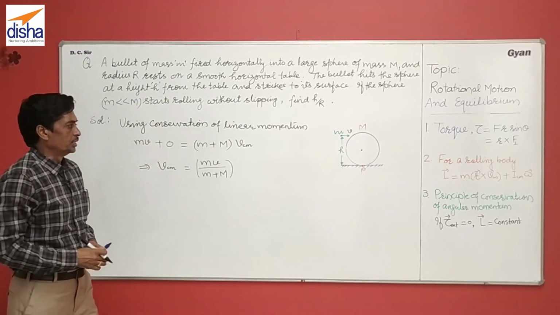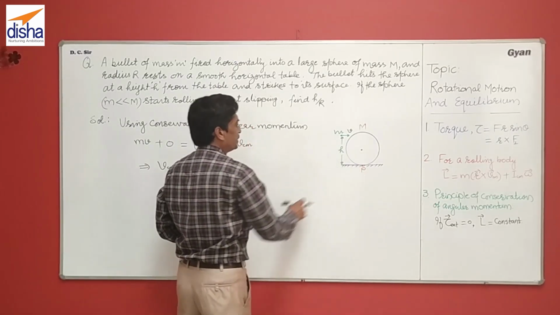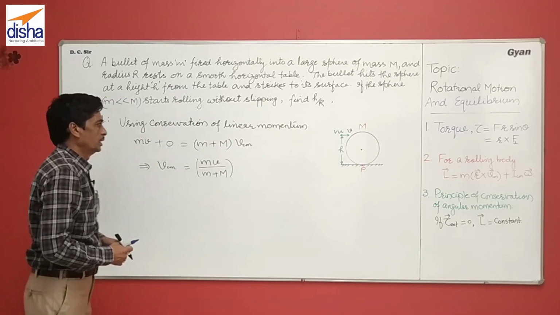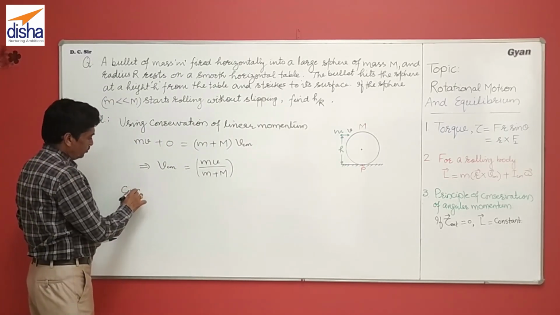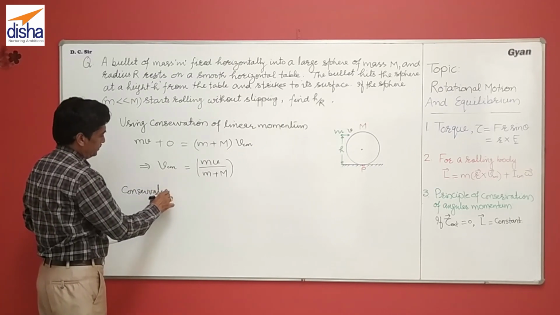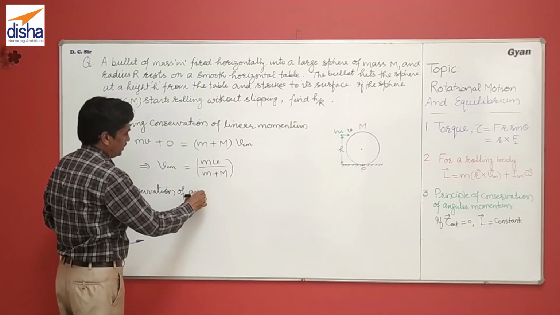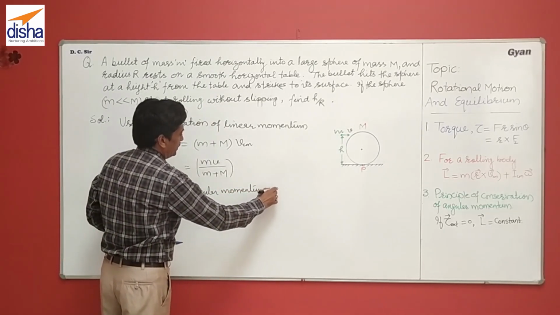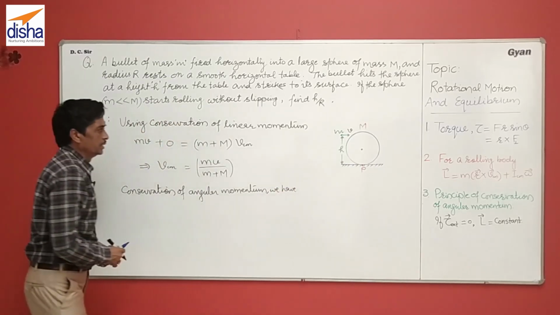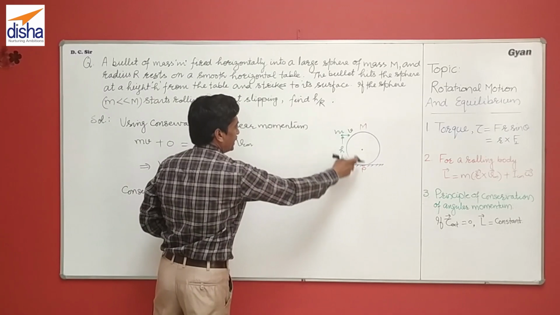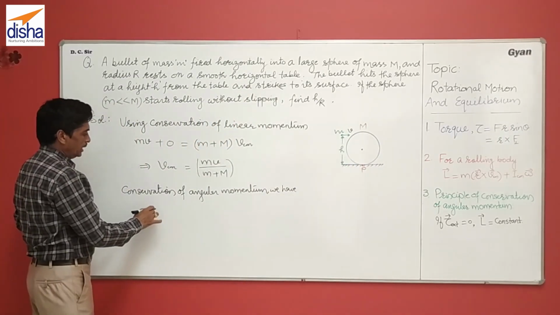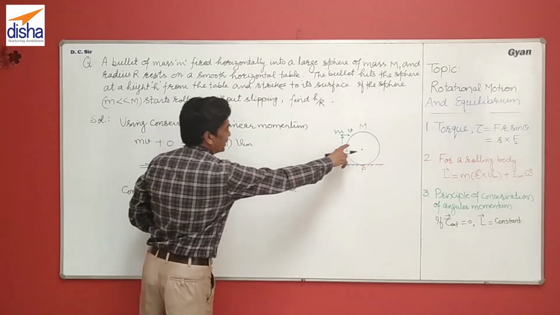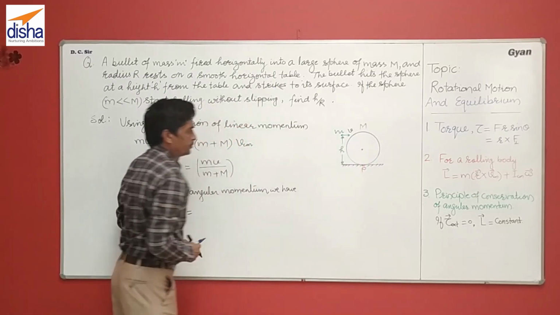Okay. Now using conservation of angular momentum about a point on the surface, which is actually the point of contact of the sphere. So, conservation of angular momentum, we have: initially the angular momentum of the bullet about this point P is equal to mvh, and then the angular momentum of the sphere for the translation as well as for rotation.